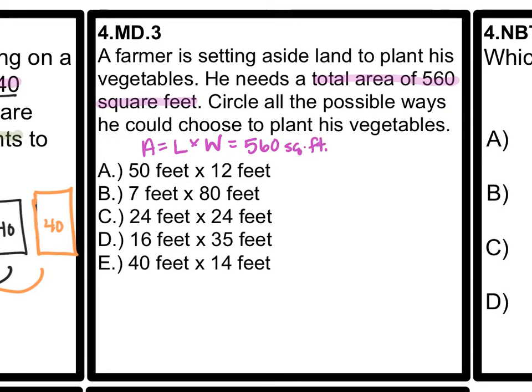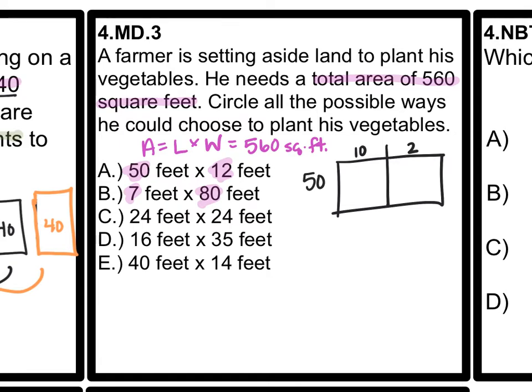So what I'm going to do is go down to these options and multiply 50 and 12 to see if that gives me 560, 7 times 80 to see if that gives me 560. I'm going to keep multiplying these until I find the answers, going by process of elimination. The first one is 50 times 12. I'm going to take 50 and use boxes to help myself, and separate the 12 into 10 and 2.